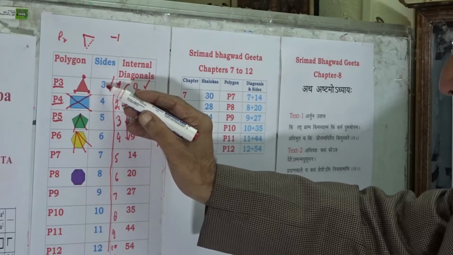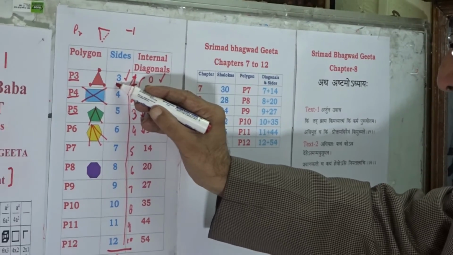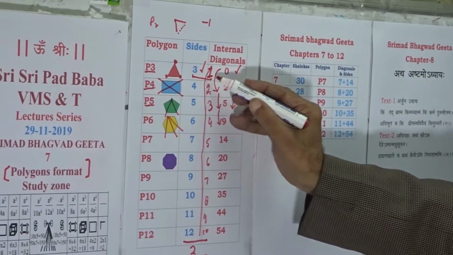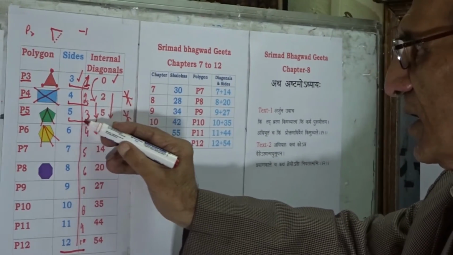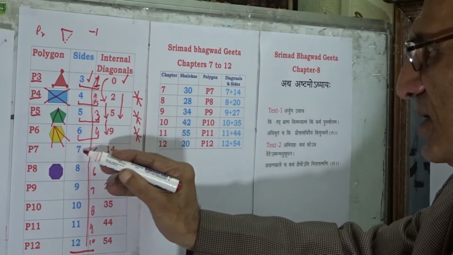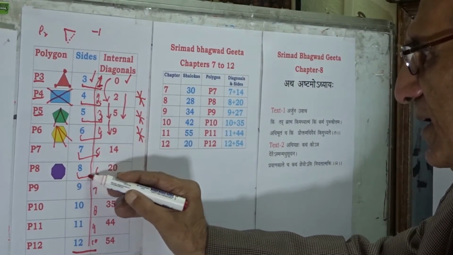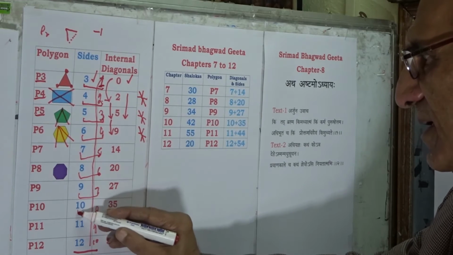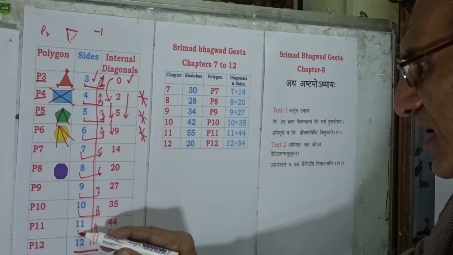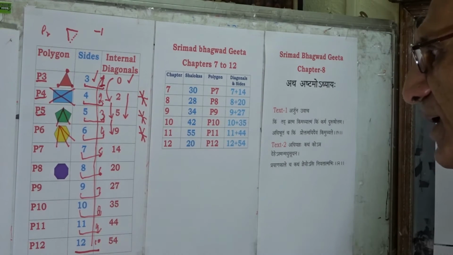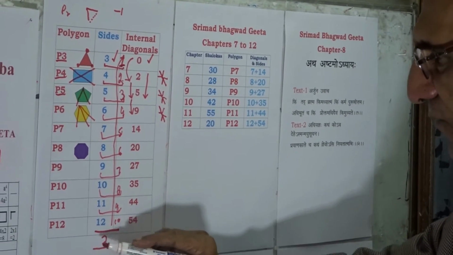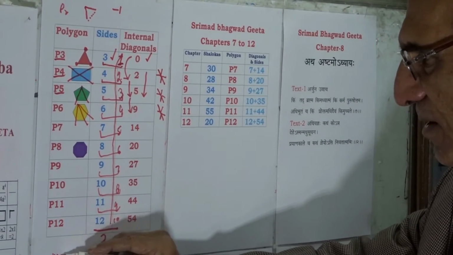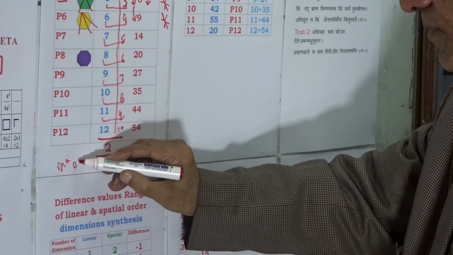And the difference between 3 and 1 as such is going to be of value 2. 4 and 2, difference is value 2. 5 and 3, 6 and 4, 7 and 5, 8 and 6, 9 and 7, 10 and 8, 11 and 9, and 12 and 10. This difference value is a value of a dimension and domain.